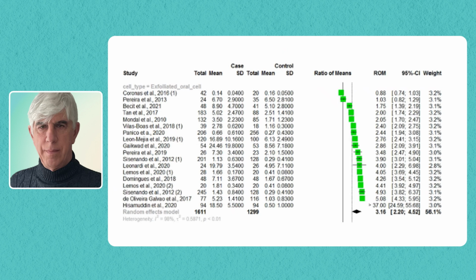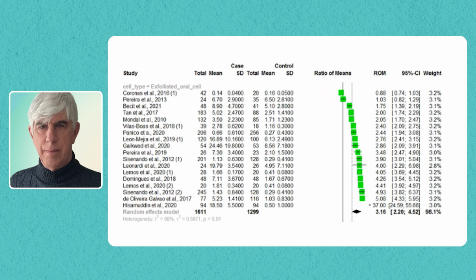And you see that choosing the tissue may be an important choice, because you have to choose the most appropriate tissue. In this case, we did the analysis on exfoliated buccal cells. This is a typical forest plot of the meta-analysis.